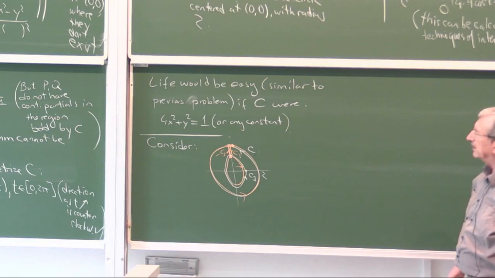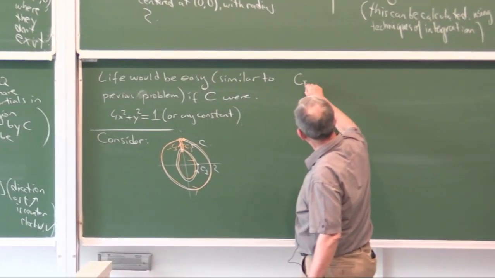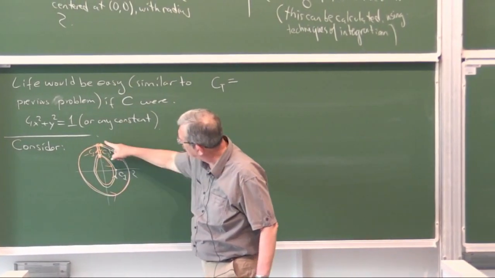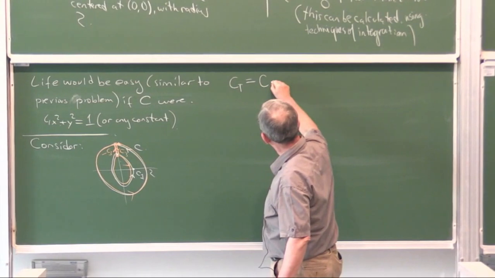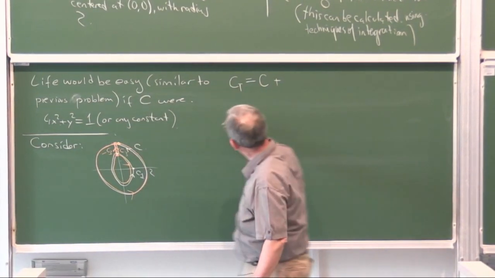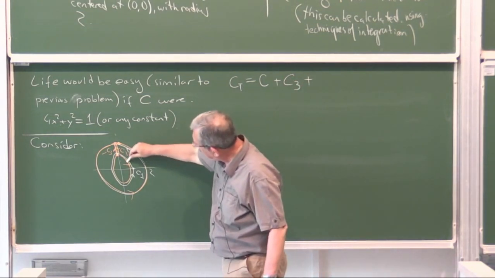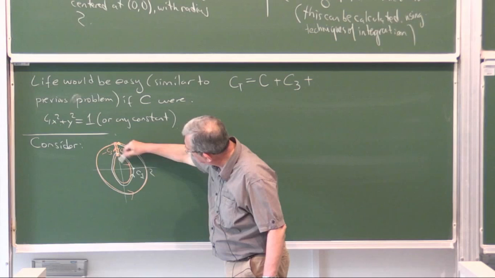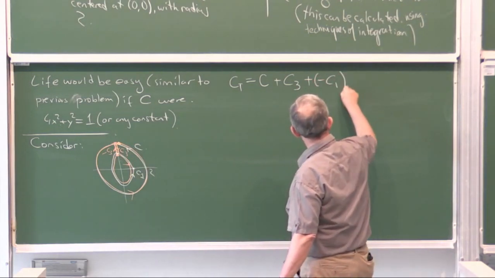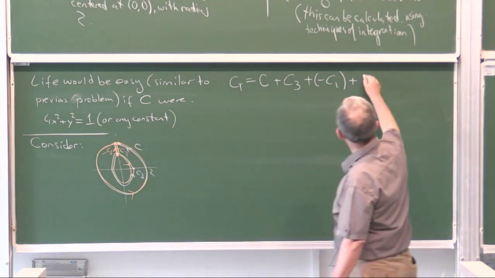Now this tells me that I have a C total, which is this curve, which is actually C, plus I have C3, plus I have this curve, which is the opposite of C1, and then I continue with minus C3.